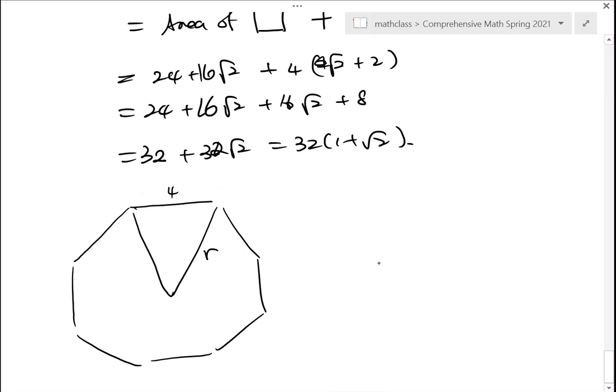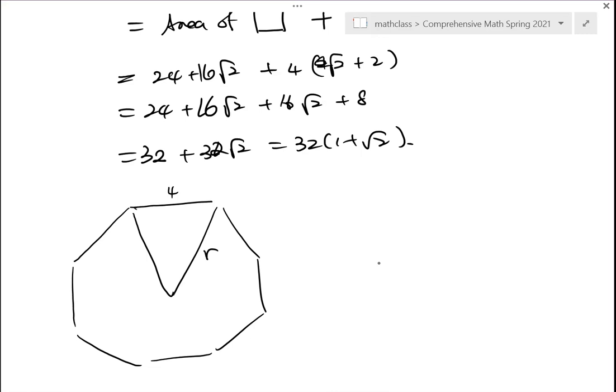Erica, how can you find out? I'll give you a little bit of time to think about it. You find the total area of the octagon, you find the area of the square, right?